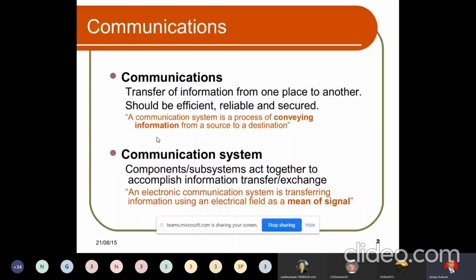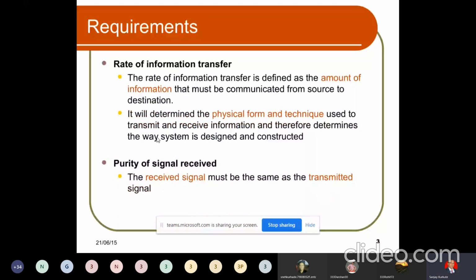An electronic communication system is transferring information using an electric field as a means of signal. Our design is focused on transformation of information from one place to another, source to destination.